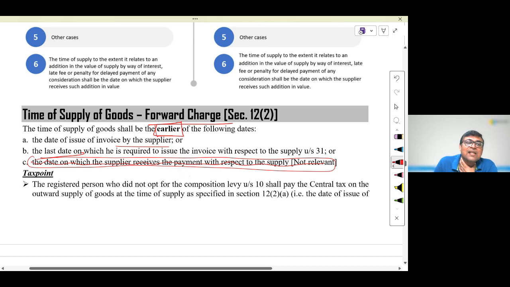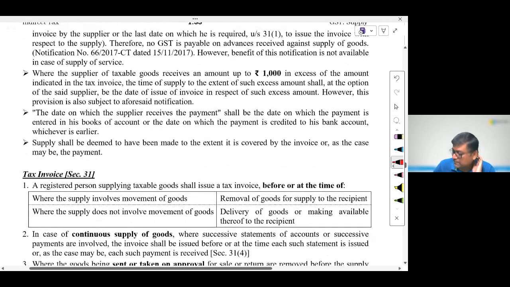So can I say that the time of supply of goods shall be the earlier of the date of issue of invoice by the supplier or the last date on which he is required to issue the invoice? So what is the last date of issuing invoices?